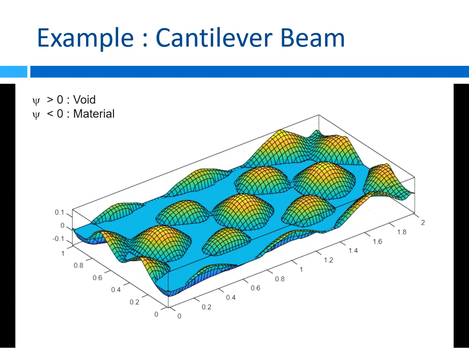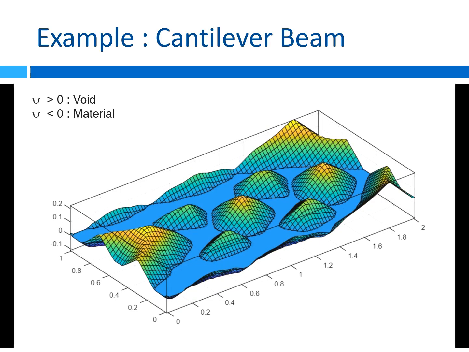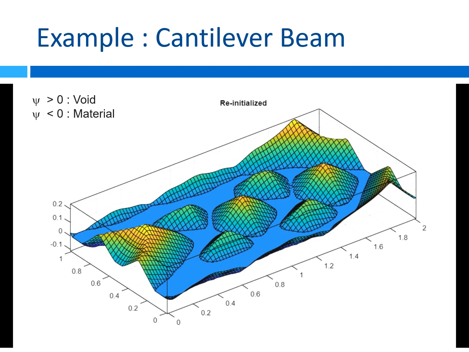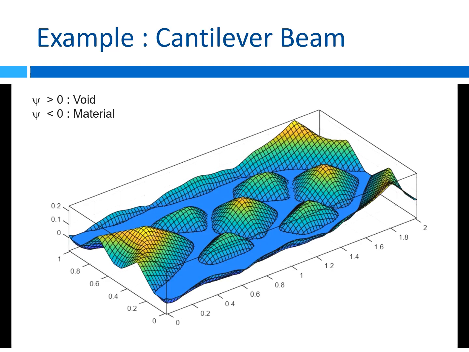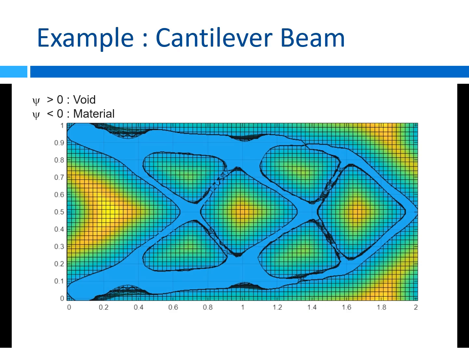As you run this, you see the level set function evolves and merges, and now reinitialization is done, and you get the gradient back to 1. And so now you get the final shape, which is the optimum shape for the cantilever beam with the tip load at the right hand side. Thank you.